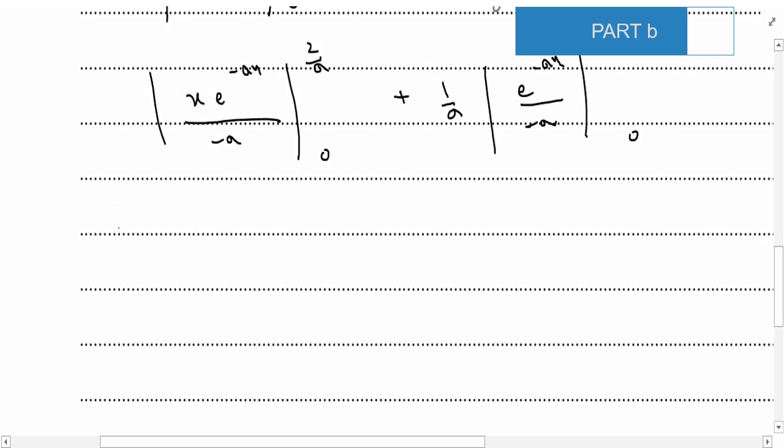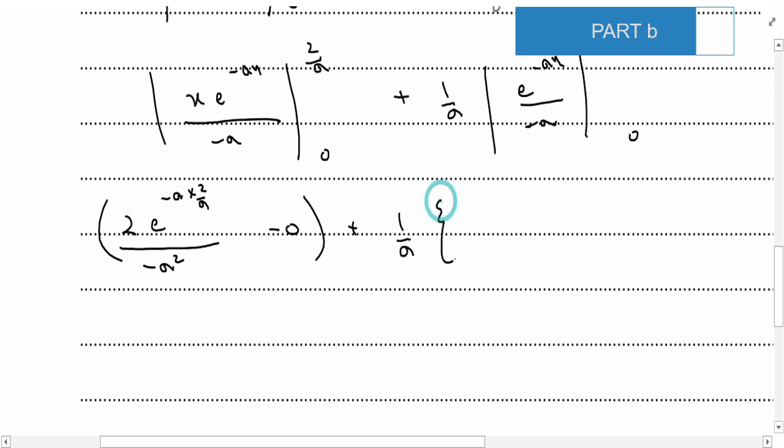It becomes 2 e to the power of minus a multiplied by 2 by a, divided by minus a squared, minus 0, plus 1 over a times e to the power of minus a into 2 by a divided by minus a, minus e to the power of 0 divided by minus a.